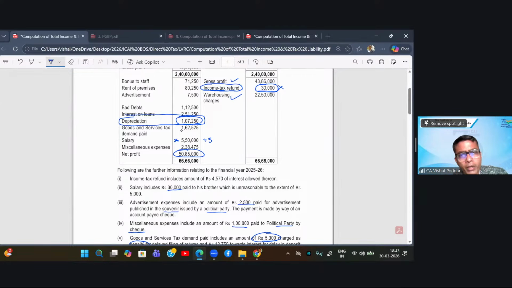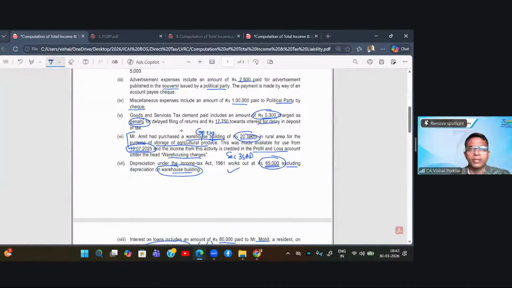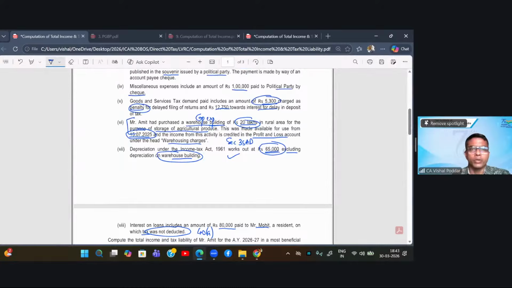Which adjustment, beta? See, one option is you add this in full and subtract this in full. This is what I have done. I've added the accounting depreciation in full, and subtracted the depreciation as per IT, which is the complete depreciation plus the warehouse building, in full. This is the first approach.